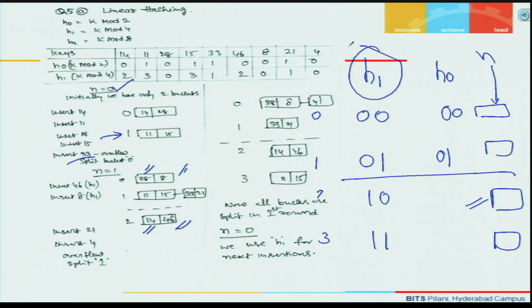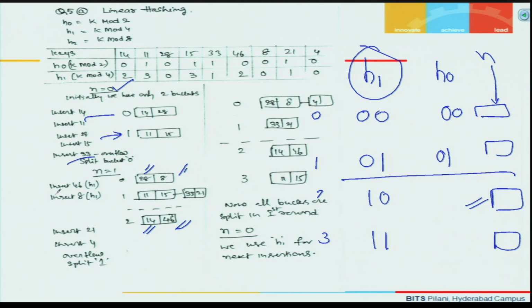When I am using h0 and it maps onto 0, since it is already split, I need to apply hash function h1, and 28 will remain here. That is the redistribution of the records. Once splitting is done, n is automatically incremented by 1. Now n becomes 1. That means whenever further collision occurs, the bucket that needs to be split is the first bucket, that is the 0 1 bucket, or the second bucket in the array.